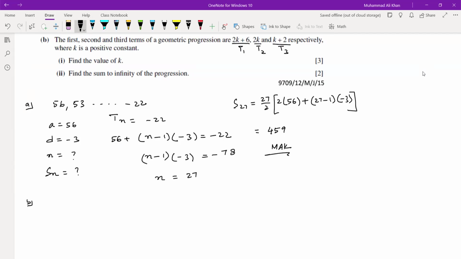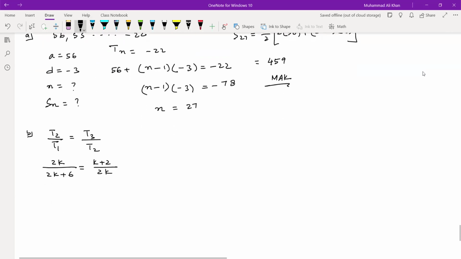Geometric progression में हमें मालूम है common ratio same होता है, तो हम लिख सकते हैं T2 divided by T1 is equal to T3 divided by T2, isn't it? Common ratio is same. So now T2 is 2k, and T1 is 2k plus 6, equals to T3 is k plus 2 and T2 is 2k. अब आप देखिए एक इक्वेशन बन गई in terms of k. इसको सॉल्व करेंगे तो k की वैल्यू आ जाएगी.